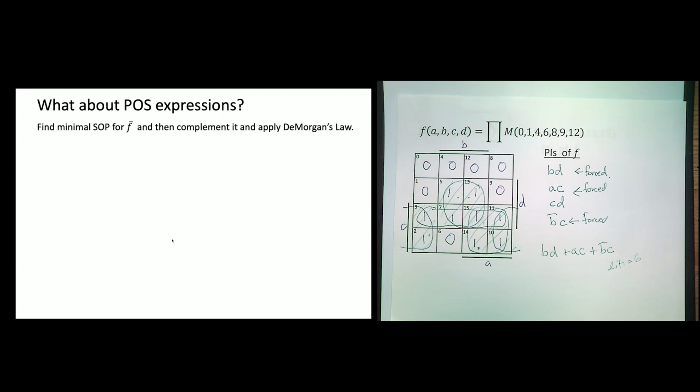Okay, now it's equal time. What about product of sums? How do we do product of sums? How many of you have done K-maps before and have done product of sums? You may have learned a different method, and that's fine if you can do it correctly, no problem. But I find that people sometimes make mistakes when they have two different ways of figuring out the product terms and sum terms.